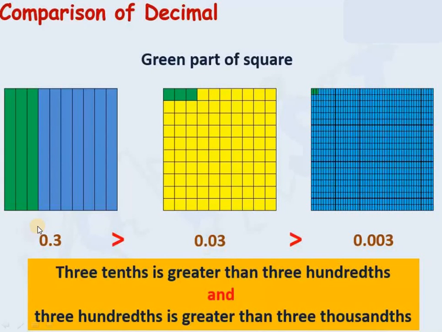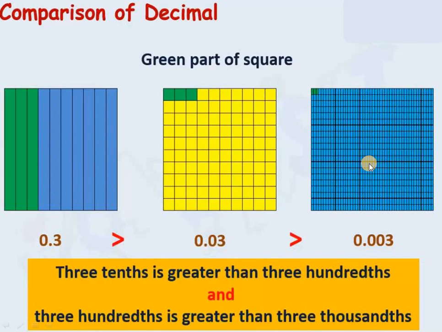So 3 tenths is greater than 3 hundredths. 3 tenths is much bigger, isn't it? And this one is smaller, and that one is too small. So which one is the bigger one? 0.3. This one is the biggest. Then 0.03 is next, but it is smaller than 0.3.